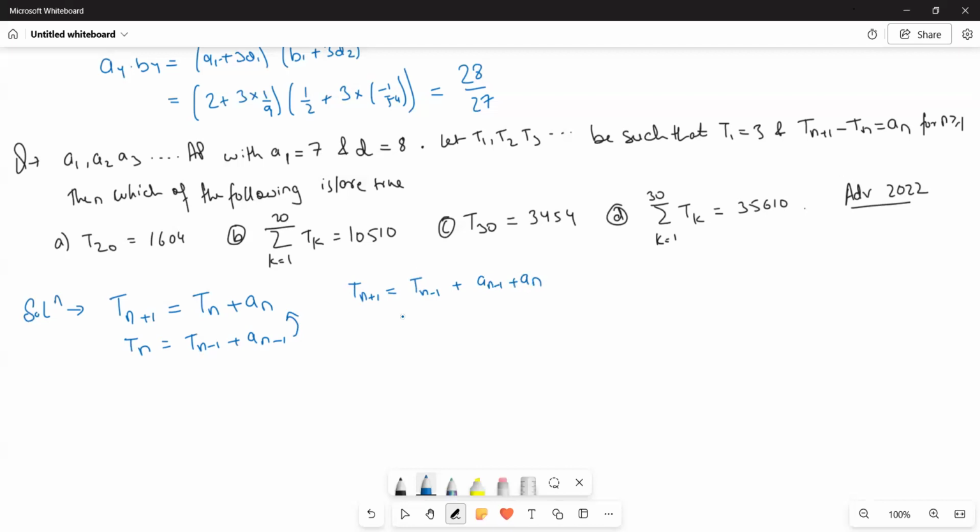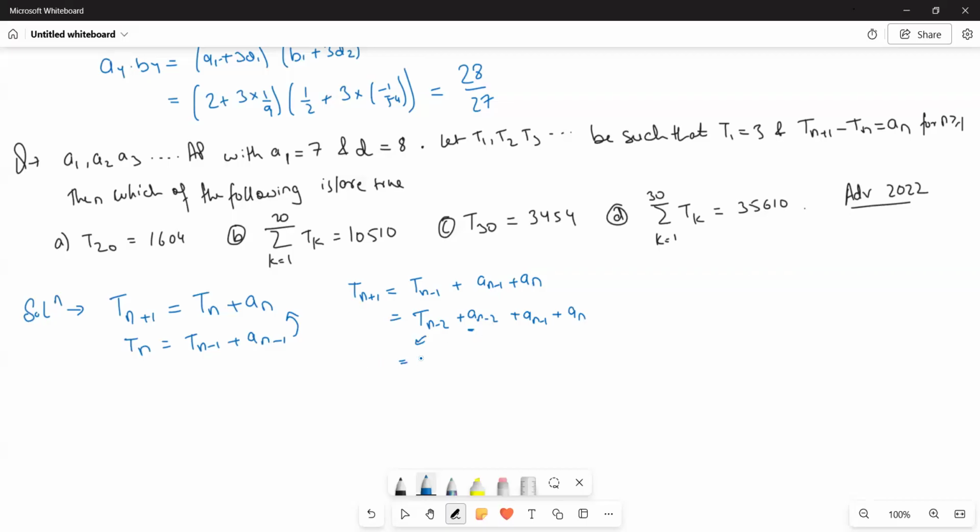अब वापिस से ऐसे बैक सब्स्टिट्यूट करोगे तो T of n minus 1 की जगह पे आ जाएगा T of n minus 2 plus A n minus 2 plus A n minus 1 plus An. एंड सो देखो, T का टर्म घटता जा रहा है एंड A का टर्म बढ़ता जा रहा है. We had An, फिर An minus 1, फिर An minus 2.